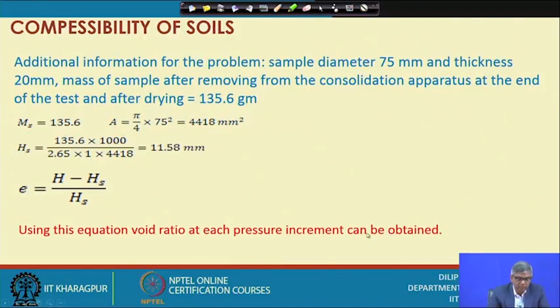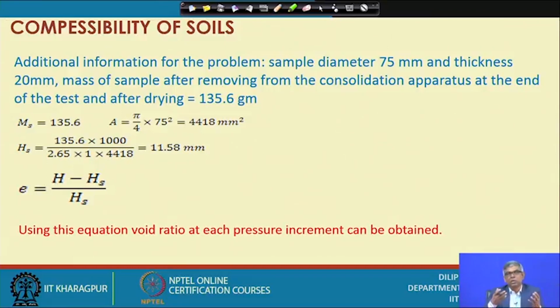You can see now, if I want to do this problem by an alternative method, we obviously require some additional information, and this additional information is really not additional information. During the test we have that information. In the initial problem, it was not given because it was not essential.